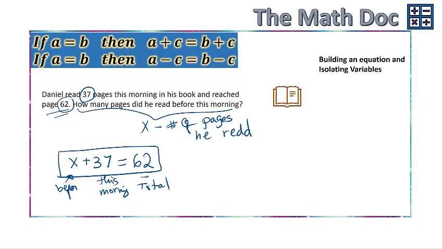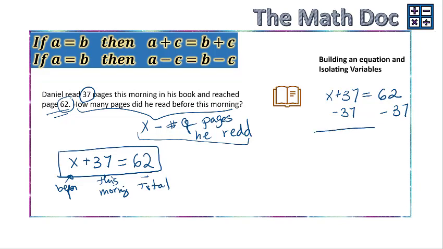And now in order to figure out what x is, we're going to use the properties of equality to isolate x in order to get our answer. So let's write it up here. x plus 37 equals 62. Okay, we want to isolate x, so we know by now that we should subtract this number from both sides, right?